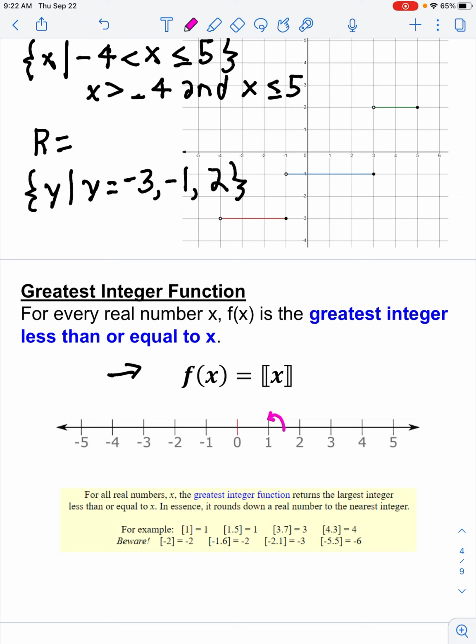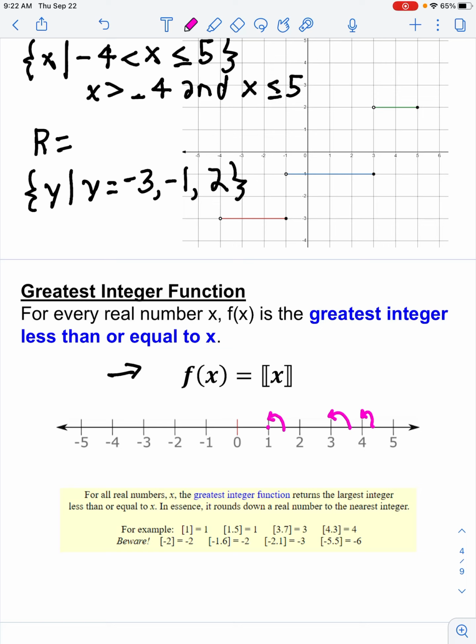If I enter 3.7 approximately here, the largest integer less than or equal to 3.7 is 3. If I enter 4.3 about here, the greatest integer less than or equal to 4.3 is 4. Notice it's always the integer to the left unless you evaluate an integer, like the greatest integer less than or equal to 1 is that integer.